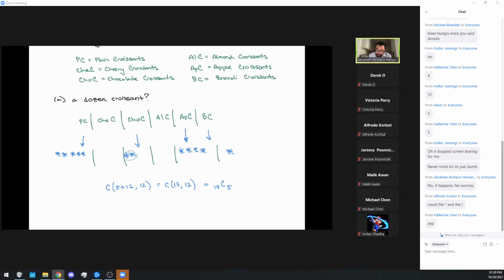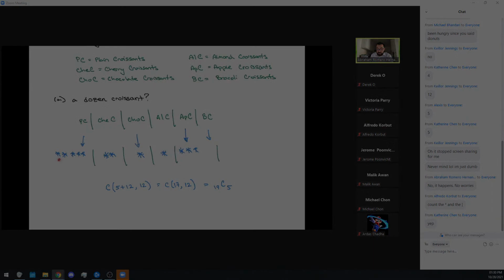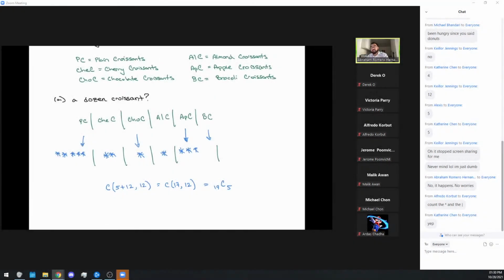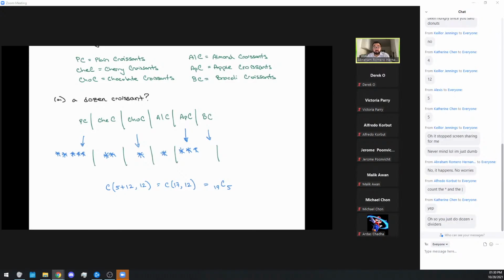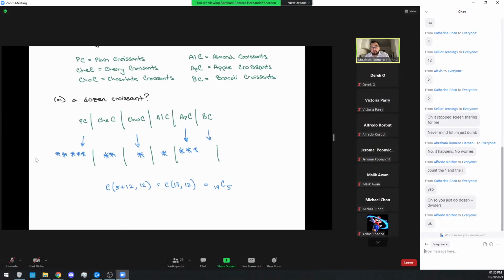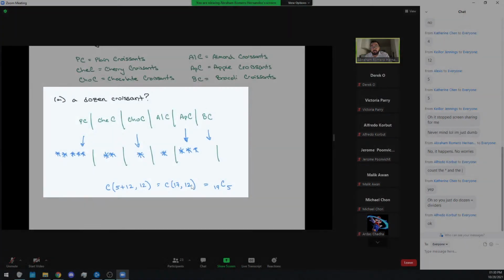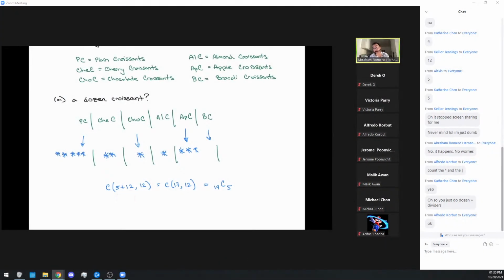Because you could have said, oh, I chose this instead, and I chose one of these, and I chose one of these, and no broccolis. That's a different combination. But in the end, it's just ordering this around, arranging it in different ways. Exactly. So it's a dozen plus the dividers.